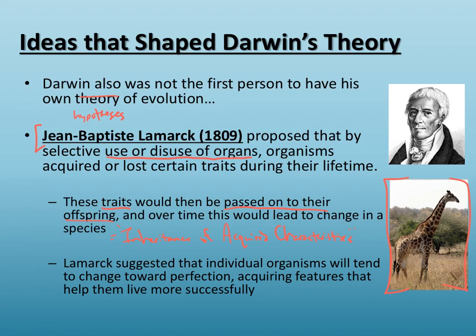And then when their kids were born, they were a little bit taller than the generation before them. And then those kids stretched to get to higher food and got a little bit taller and had kids that were a little bit taller. Now, hopefully, you're picking up on an error in Lamarck's idea because of what we now know today. But at his time, they didn't know those things yet.